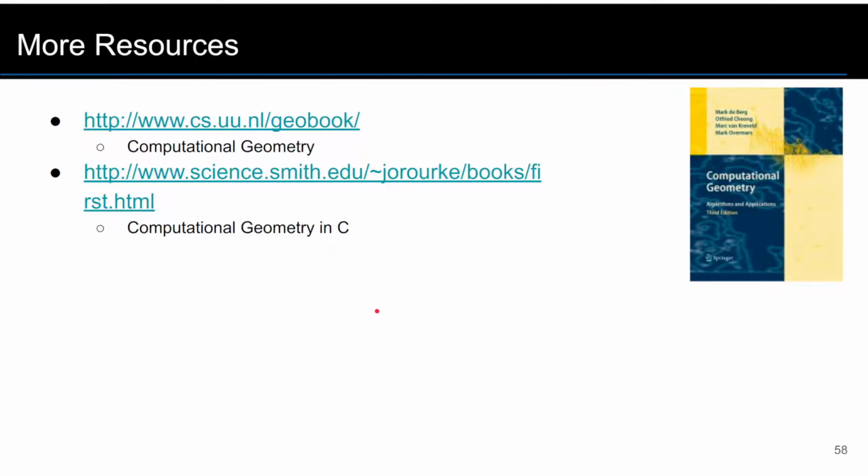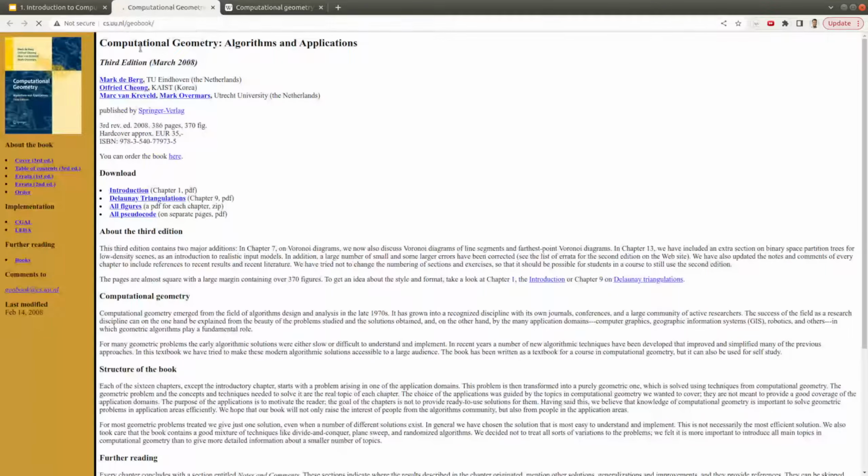All right, resources as far as books. Here are two books that are pretty good, sort of the standard. Here, I'll just click on the page so you can take a look. Computational Geometry by Mark de Berg, Otfried Cheong, Marc van Kreveld, and Mark Overmars.